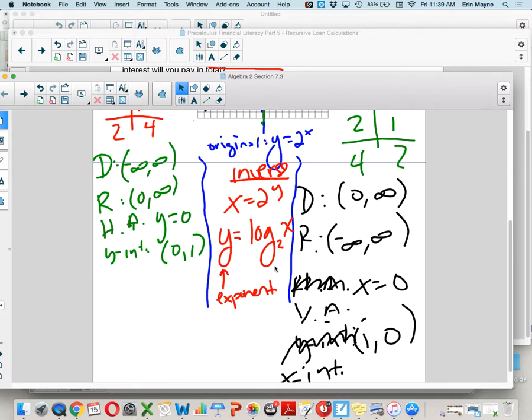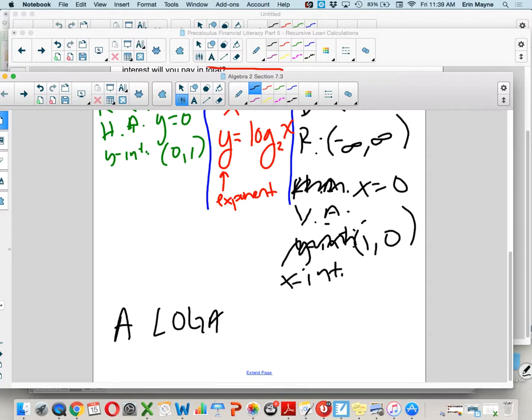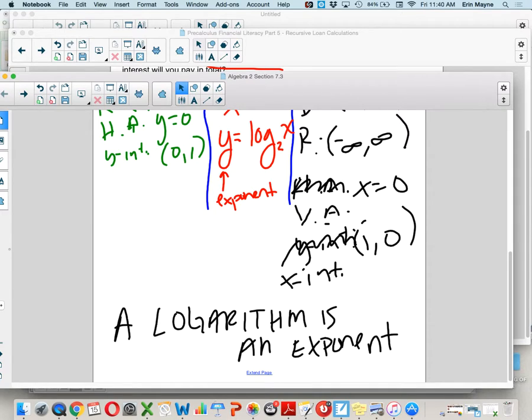If I were to leave you with one phrase, write this in big block letters: a logarithm is an exponent. So if you leave here today and you don't even get what we did, all I want you to hang on to between now and Tuesday is a logarithm is an exponent. Say it. Okay, so say the whole sentence.